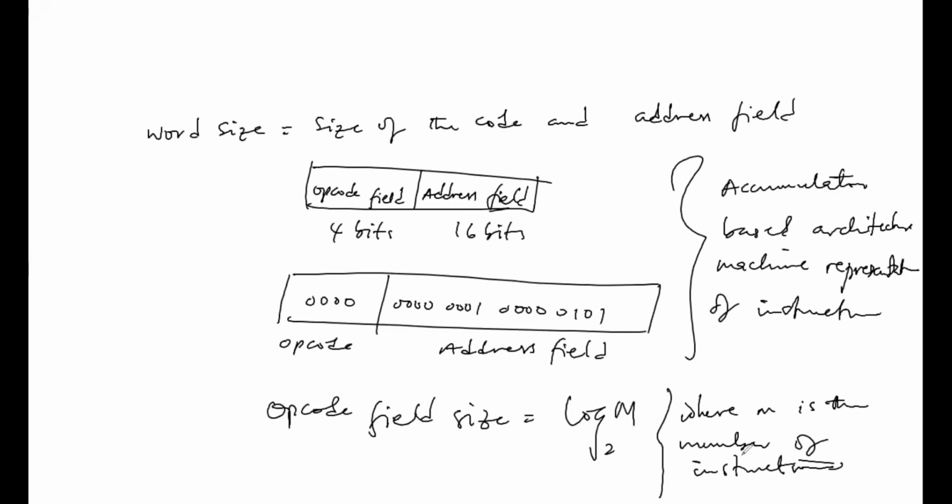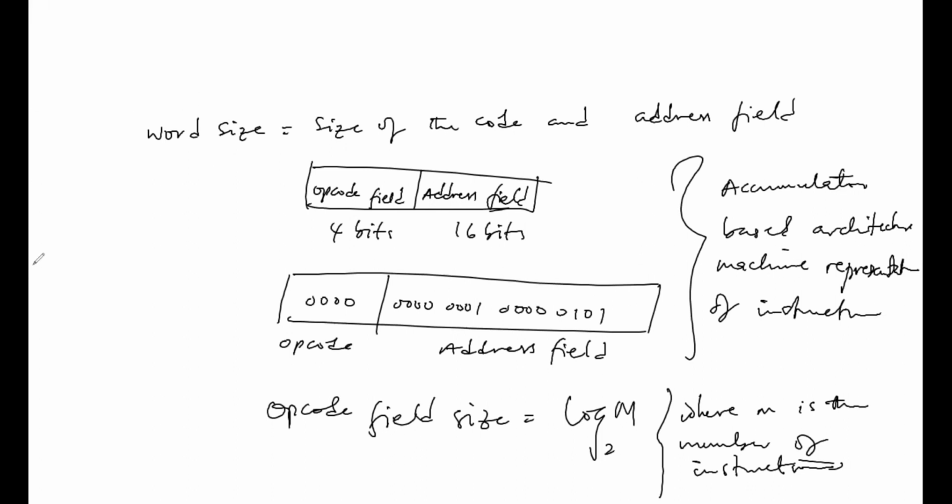So in the case of the general register-based architecture, we have a different form. Here we have 4 bits for the opcode and then 16 bits for the address code. But in the case of the general register-based architecture, we have 4 bits for the opcode field, another 4 bits for the register address, and then another 4 bits for the address field.